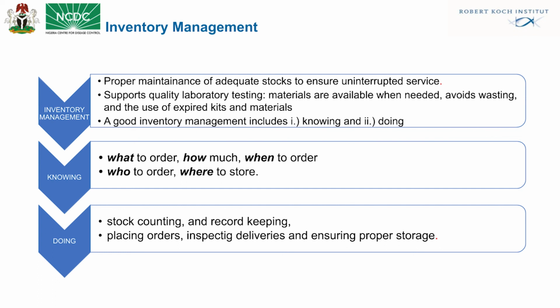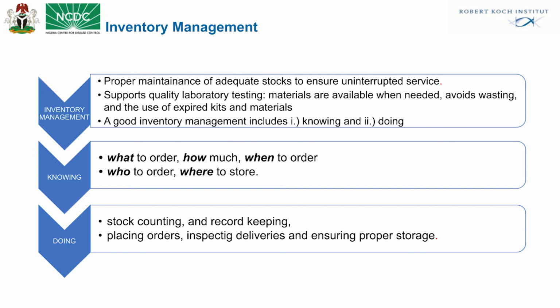A good inventory management includes knowing and doing. That is, we should know when and what to do per time. We should always make sure that our stocks are up to date. We should use our FIFO, first in, first out, to be able to avoid interrupted service.